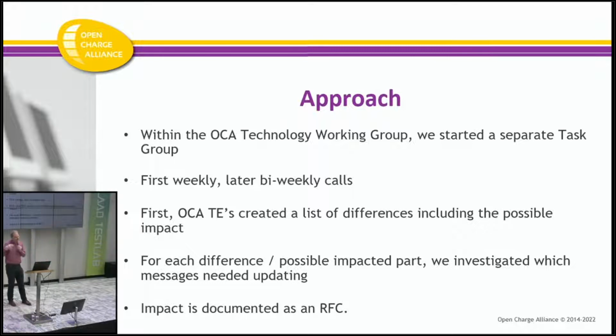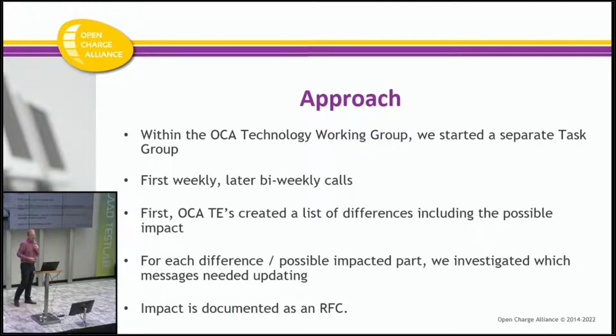And for each of those things we found, we later went through them one by one and went into the details to see whether it impacted OCPP or not. And of course, everything we found as a difference or something that impacts OCPP, we wrote it down. We did this in an RFC, which can then be further developed either as extensions or the new version will be available.